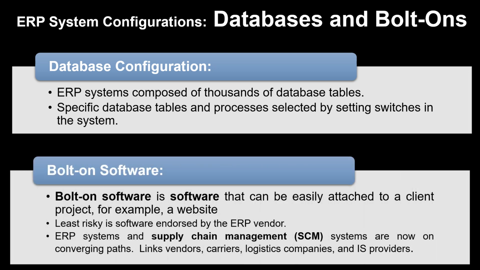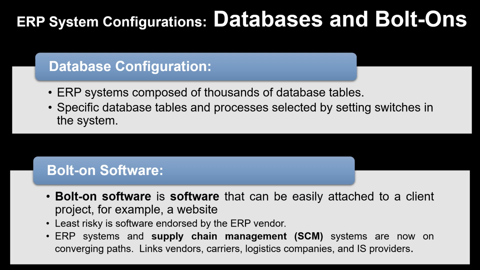Plug-on software, as I said just now, is software that can be easily attached to a client's project, software or system. For example, if they have a website, it's easy to connect it to their ERP systems or database and so on. It is less risky when the plug-on software is provided or endorsed by the ERP vendor, since it comes from the same vendor.